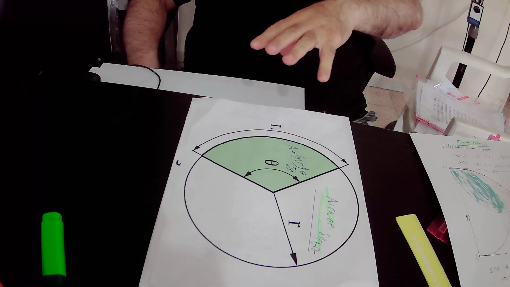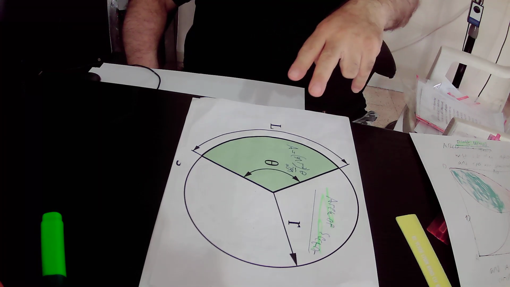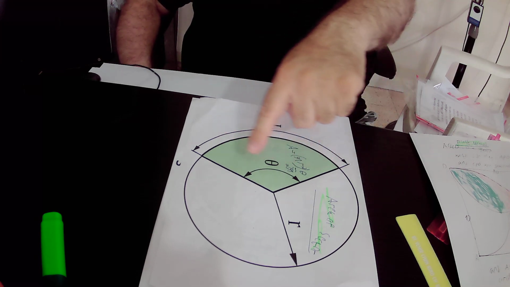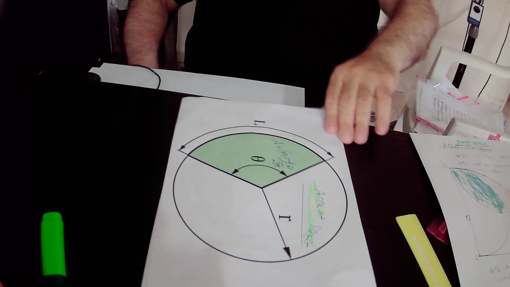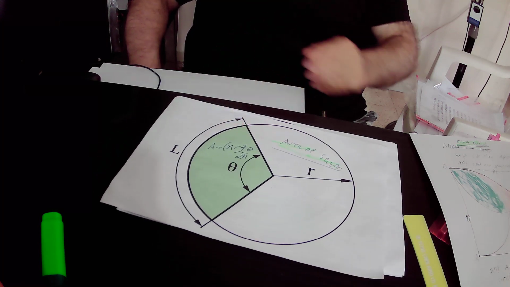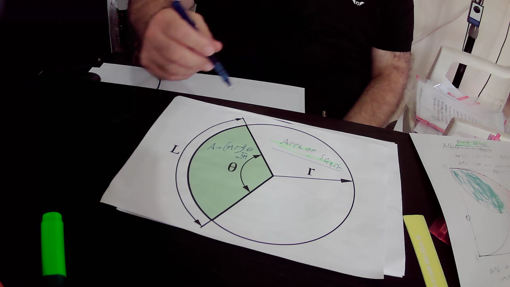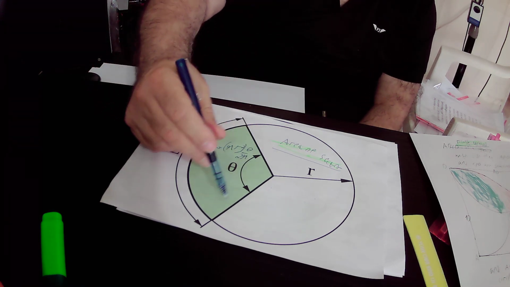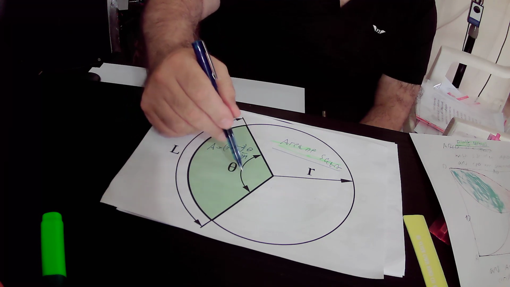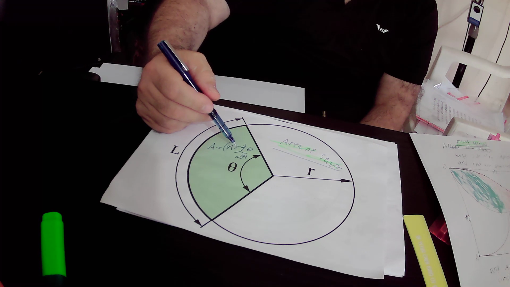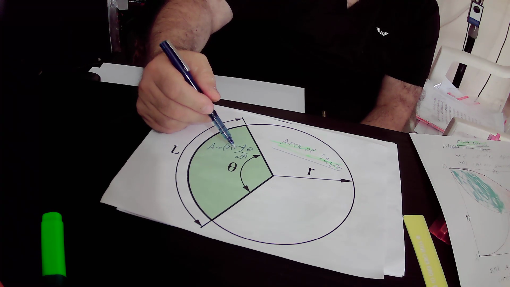What is the area of this sector? What is the area of the green sector? The area of the green sector equals the angle between its legs, that is theta, over 2 pi or 360 degrees.